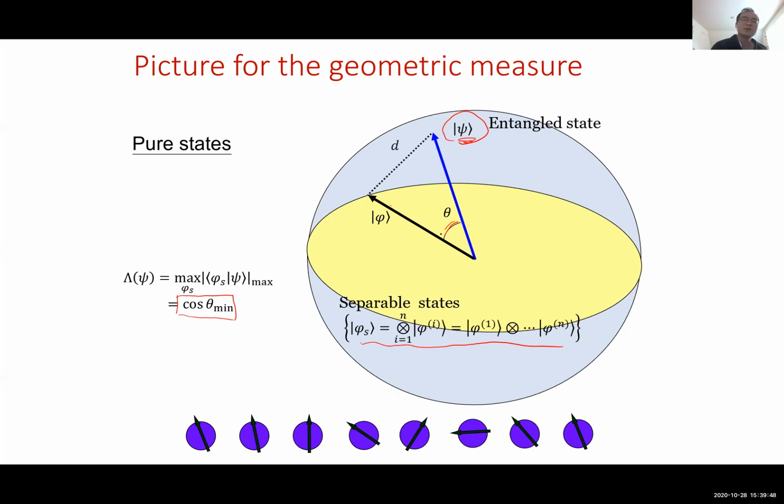This is the state you want to characterize, and when I write psi with subscript S, I mean a separable product state. They are of this form here.